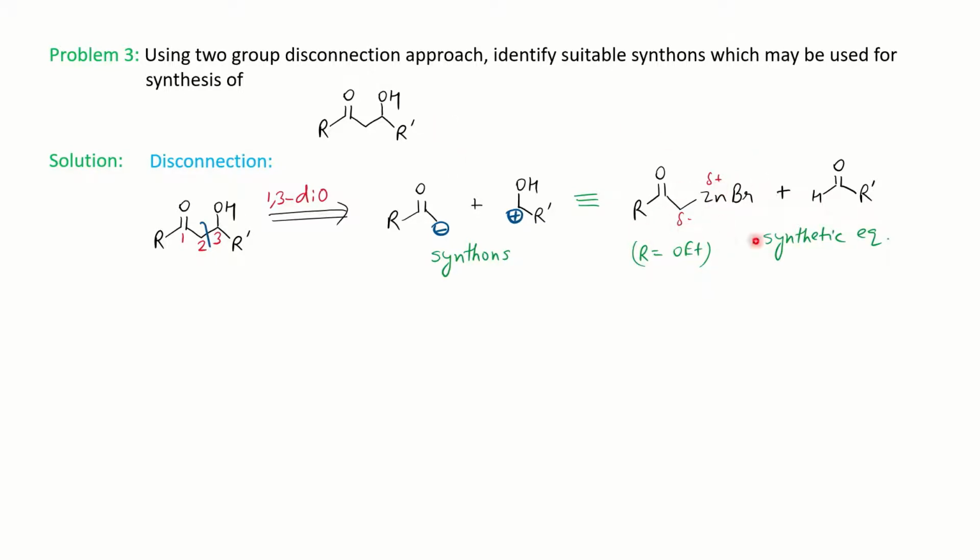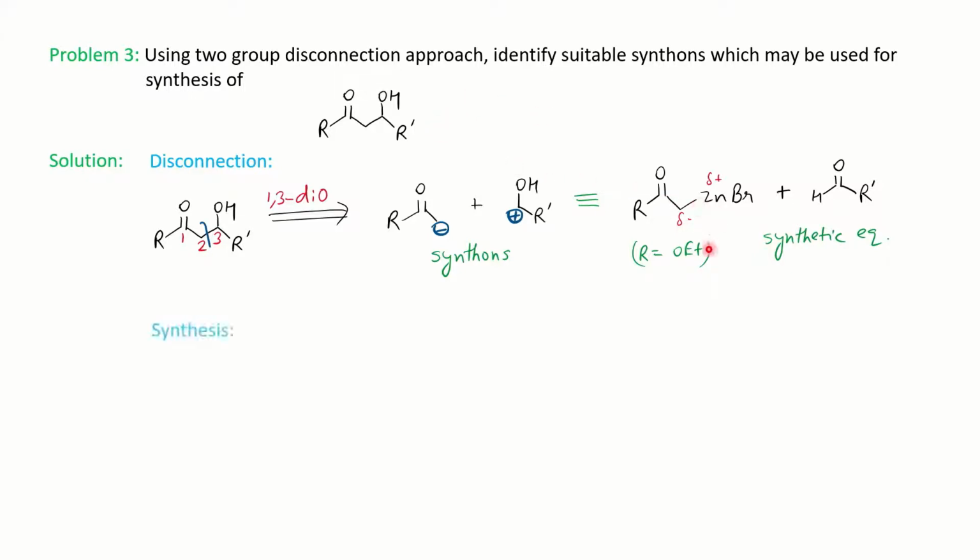If you notice why we have written this particular synthetic equivalent, this is a beta hydroxycarbonyl compound, and if you're familiar with retrosynthetic reactions, it gives you a beta hydroxycarbonyl compound as a product. So this is the best equivalent we can suggest for this reaction. There are other possible synthetic equivalents which you can write, but we always select the most reliable route which gives you the target molecule only.